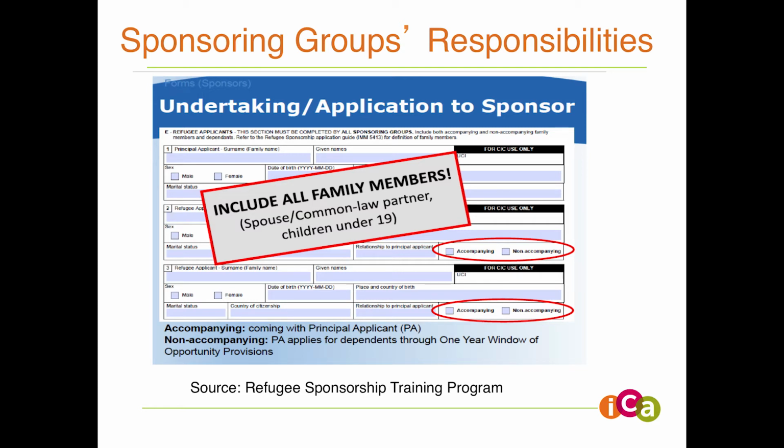If people don't do that in these original forms, they will have a really difficult time ever bringing these dependents. So it's important, even if they don't know where they are, to put down their name and say there is another person that we have lost track of.